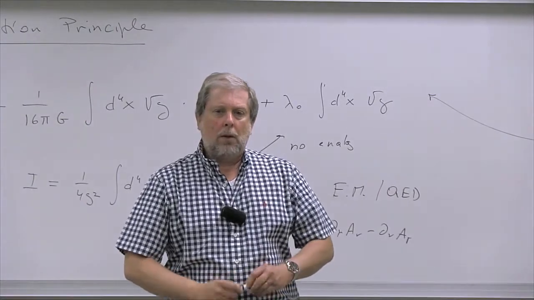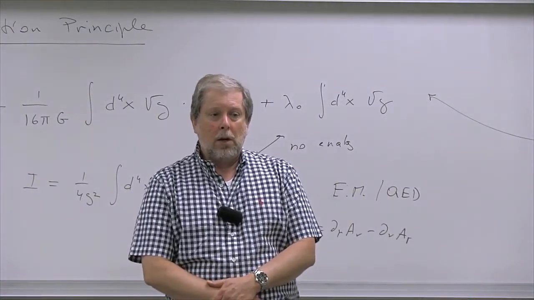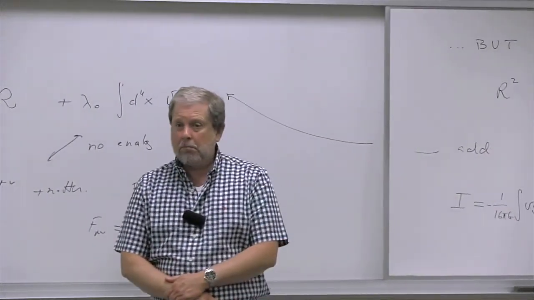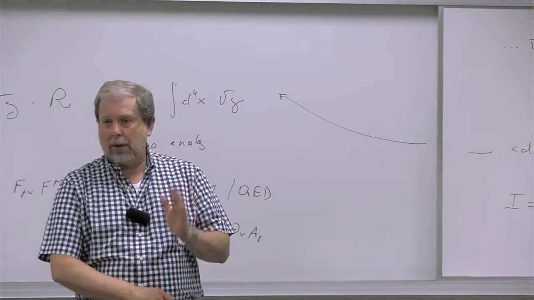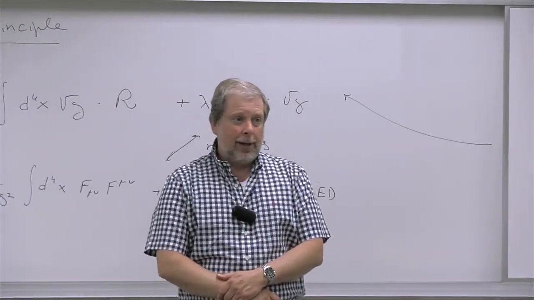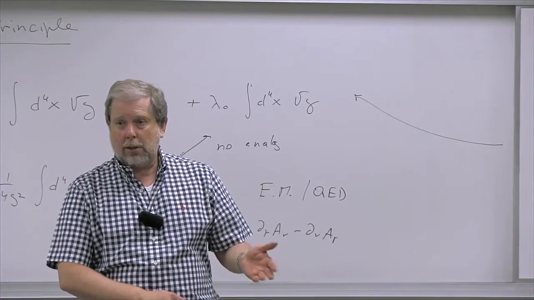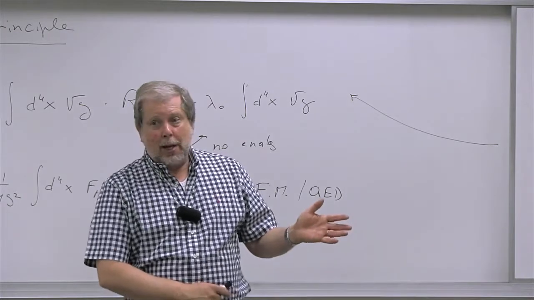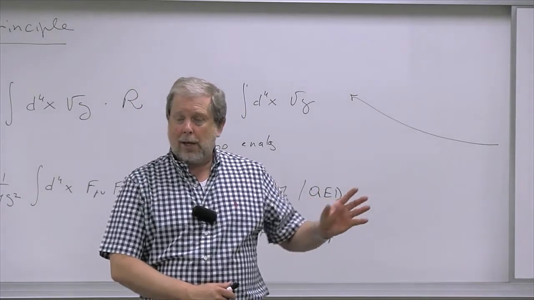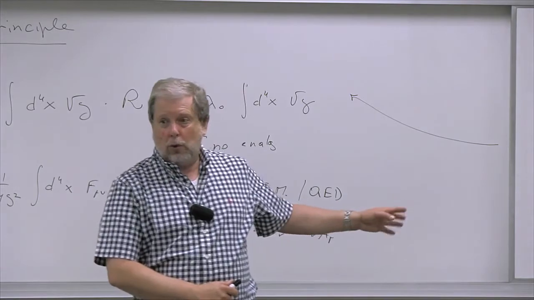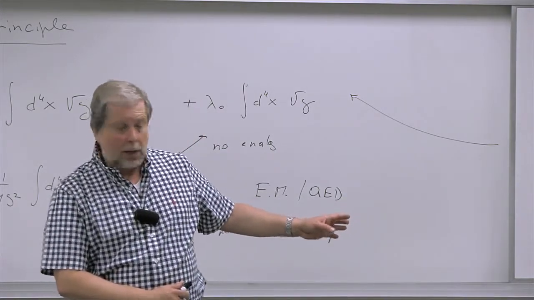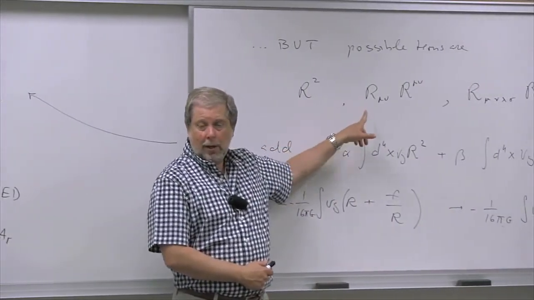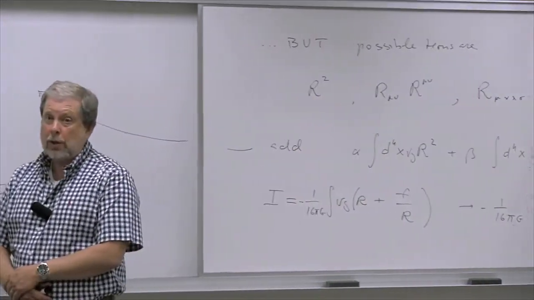We can expand this as a Taylor series and you get all sorts of terms. So you would think that if you want to write an action that is generally covariant, you could expand a random function in a Taylor series. The first thing you would have would be the R term, because that's the one that has the least derivatives. Then you have the R squared term. By the time you get the R squared term, you already recognize that restricting yourself to R is limiting, because we do know that there is not just a scalar curvature squared, but you can take the Ricci tensor squared or the Riemann tensor squared.